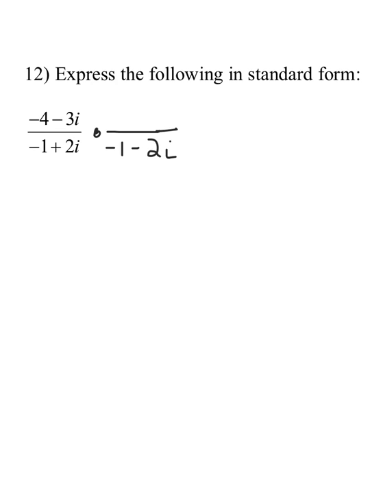Okay, so this is a -1 minus 2i. So some of you got confused on this on the test and you put a plus here and you changed this sign to positive. So that's not what you're supposed to do. It's the middle. If this says 1 plus 2i, this one needs to say 1 minus 2i.